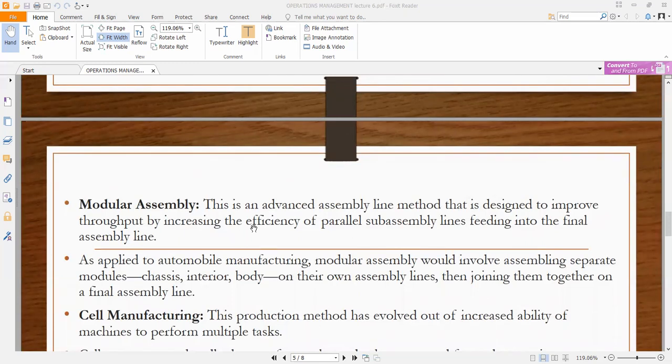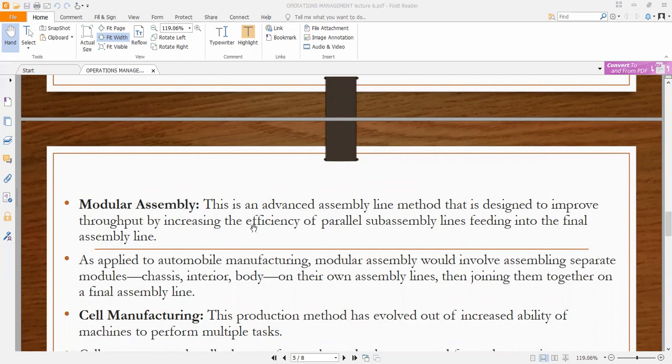Now, this system has different components that feed into the overall bigger picture, a bigger system. One example that can help you understand this is vehicles, the automobiles.